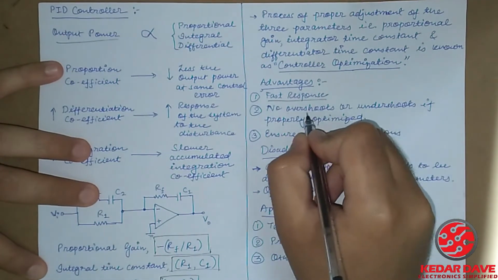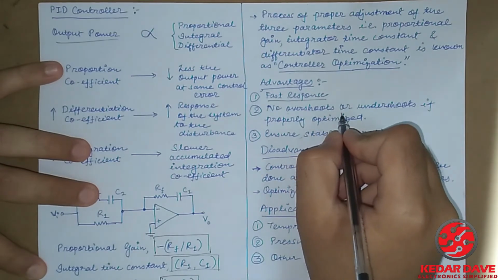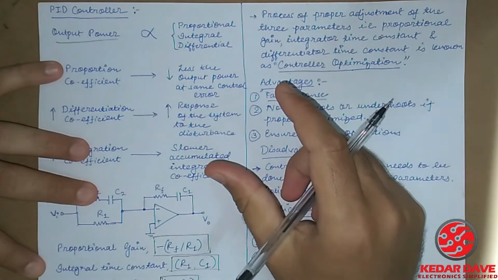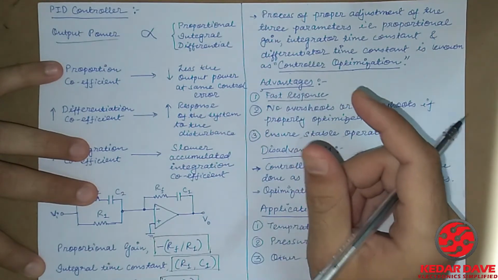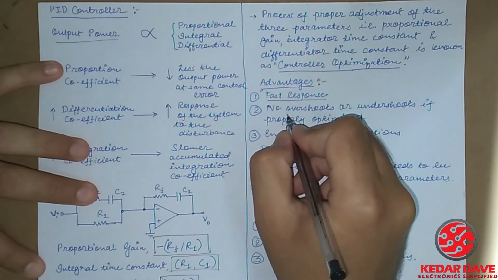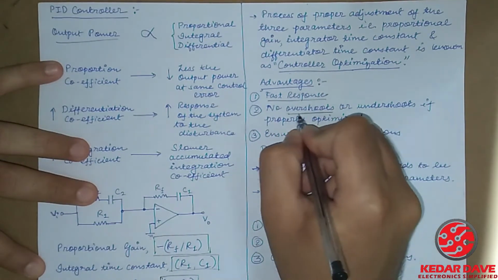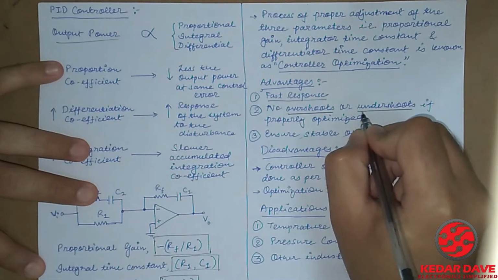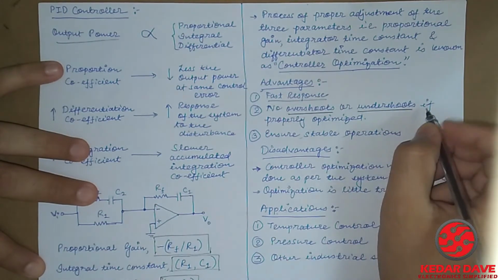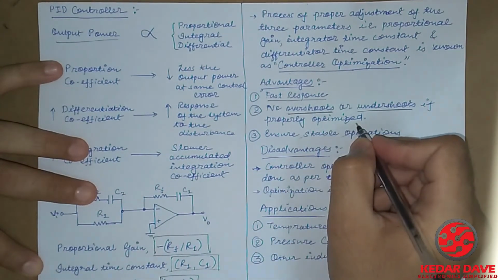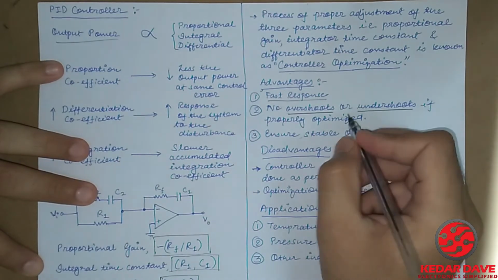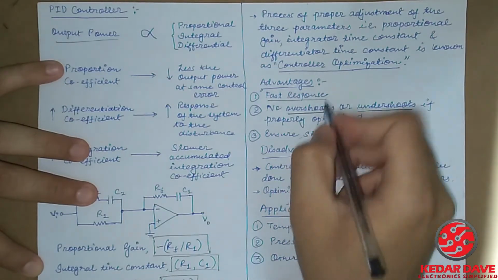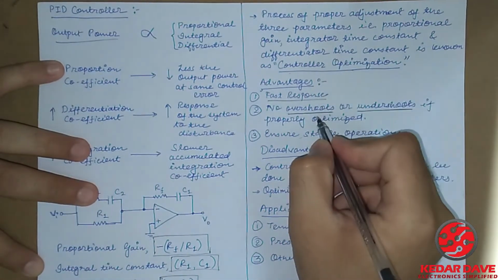No overshoot. Now overshoot means what? They are at a particular range. The range, below the range or over the range: if it is over the range, then it is considered an overshoot, and if it is below the range, it is considered an undershoot. So if properly optimized, it is not possible that it will be overshooting or undershooting. Okay, so optimization is quite important in these conditions.